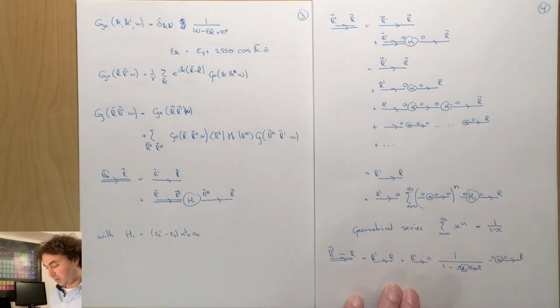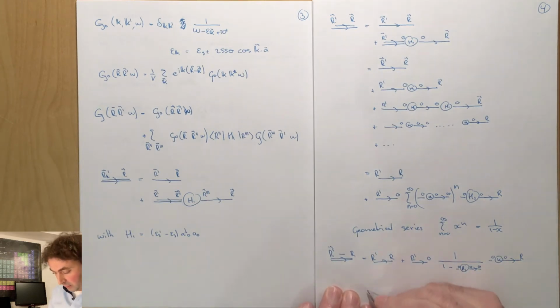And all dynamics now governed by H0, the fully periodic Hamiltonian, instead of H1. So these are all diagrams that we can calculate.